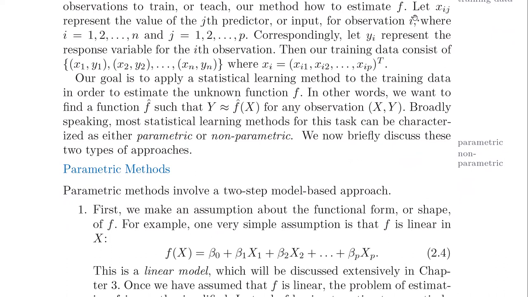So let's have a look. Let Xij represent the value of the jth predictor or input for observation I, where I runs from 1 to n. Those are our observations. And J is the number of characteristics that the model is trying to capture.